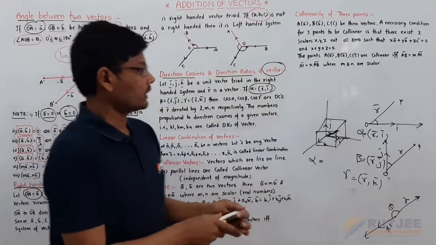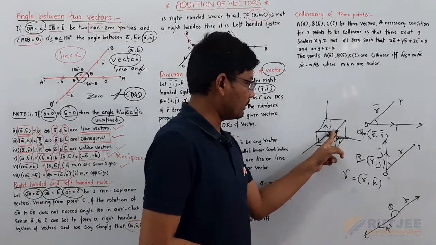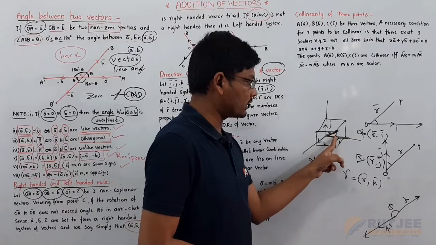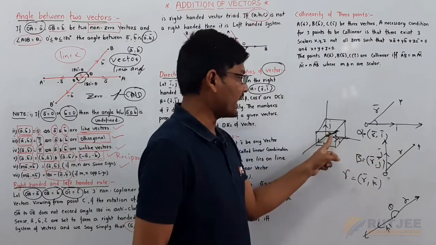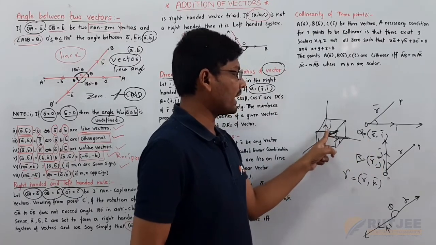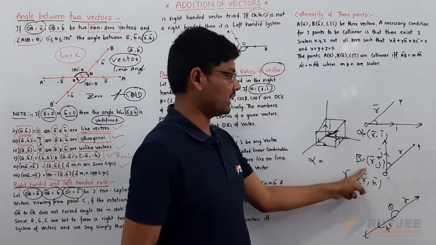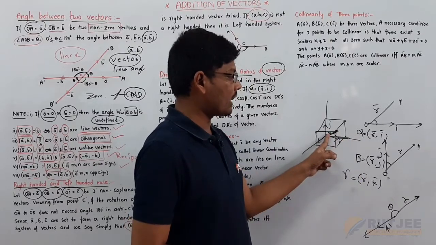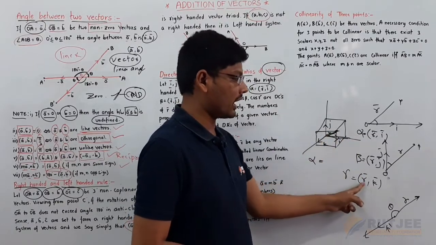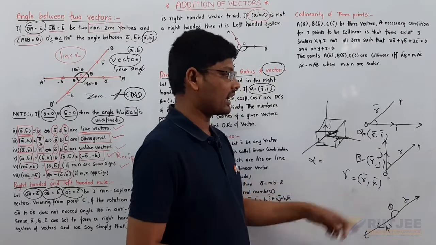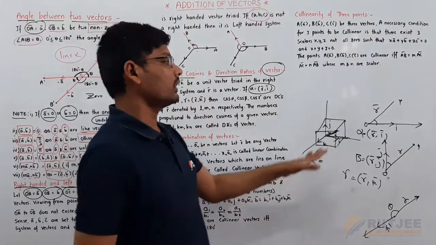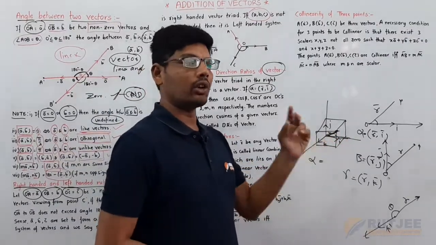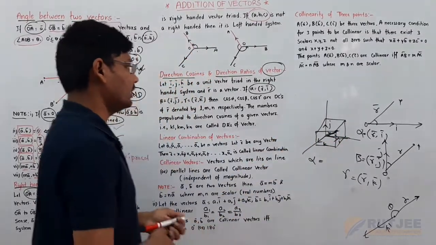So in this system, the angle between r bar and the x axis, that is i, is alpha, and the angle between r bar and j bar, that is the y axis, is beta. The angle between r bar and the z axis, that is k bar, is gamma. Here alpha, beta, gamma are the angles between the vector and the 3D coordinate axes.